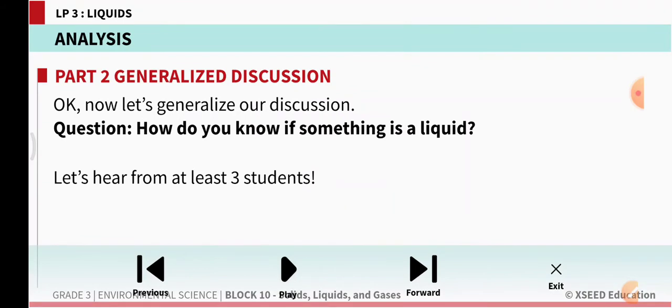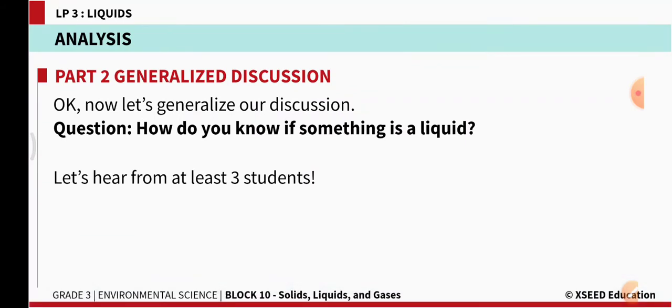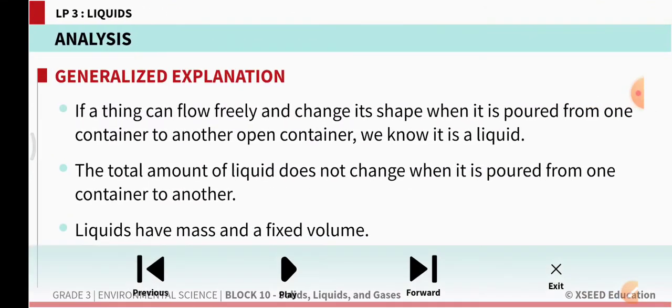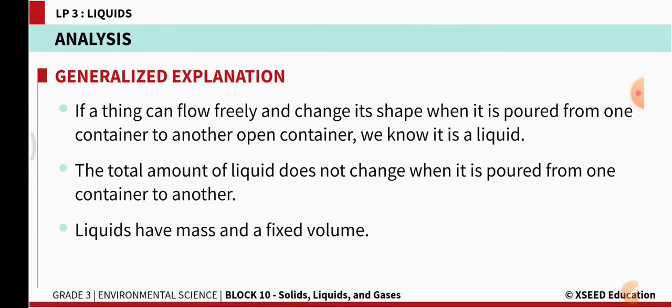Part 2. How do you know if something is a liquid? If a thing can flow freely and change its shape when it is poured from one container to another open container, we know it as a liquid.